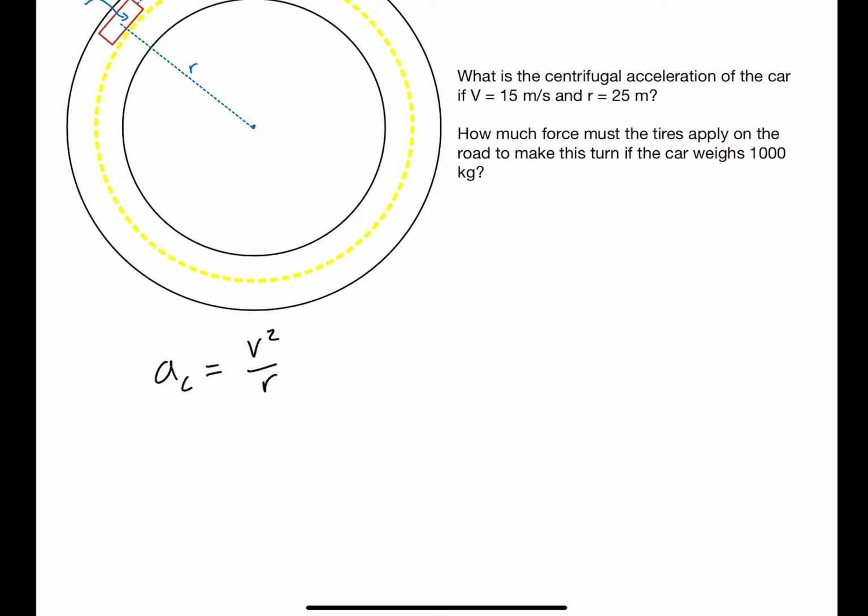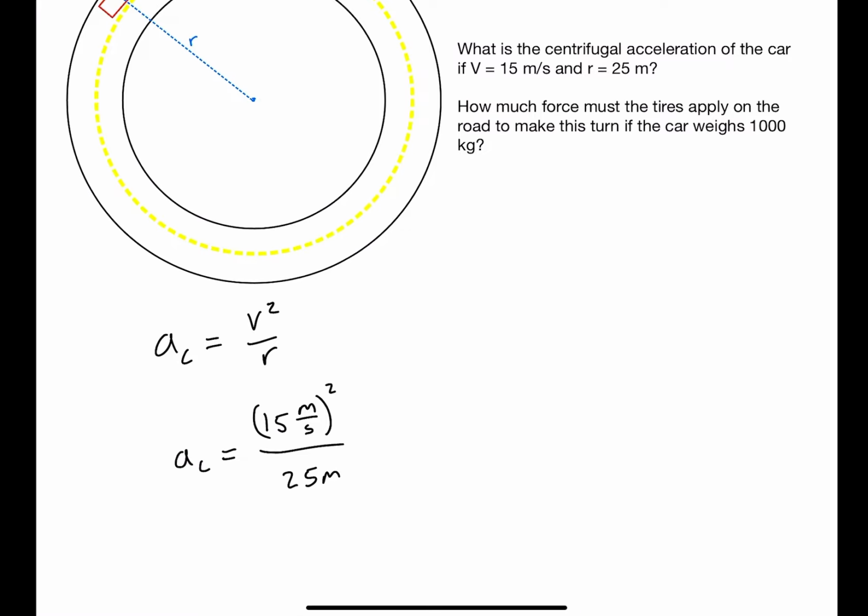So this is going to give us AC equals 15 meters per second, squared, divided by 25 meters. And we're also going to do the unit analysis here in just a second to prove that this equation will in fact give us meters per second squared, which is our unit for acceleration.